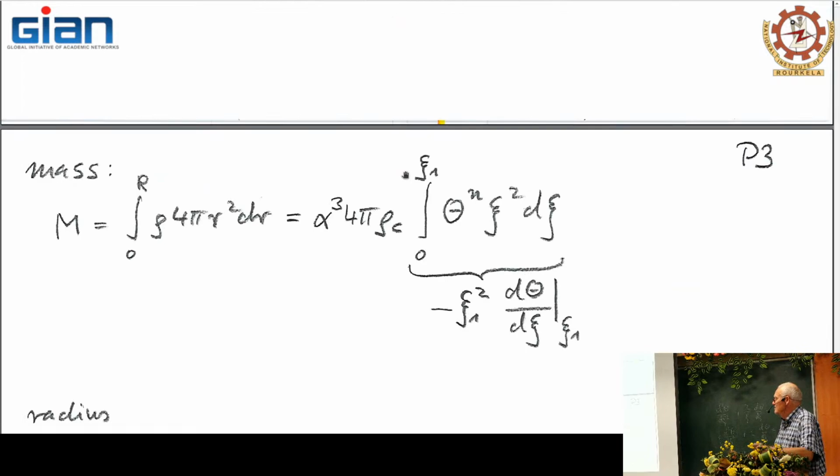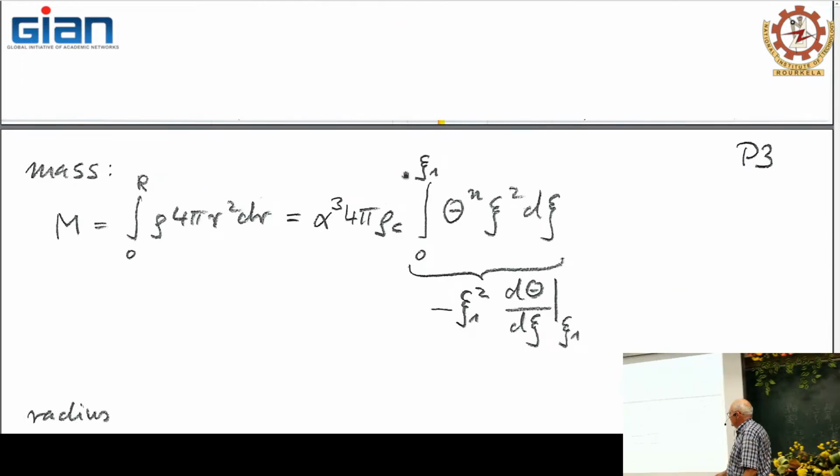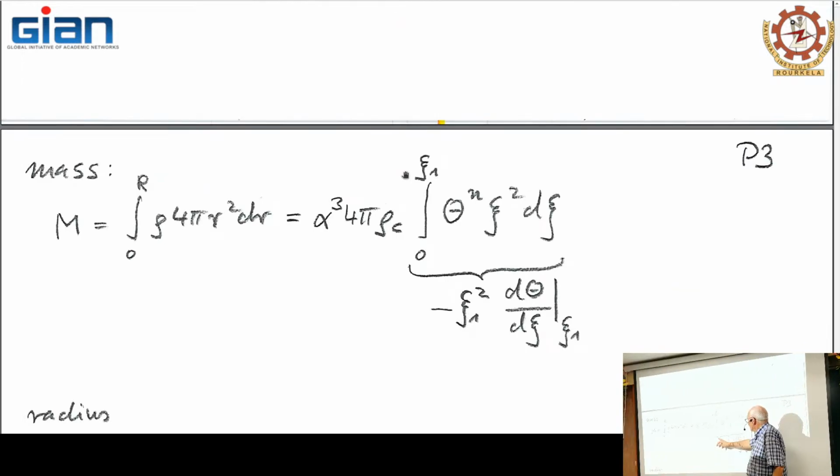This integral is given by the quantity psi squared times the derivative of theta with respect to psi, at the boundaries.